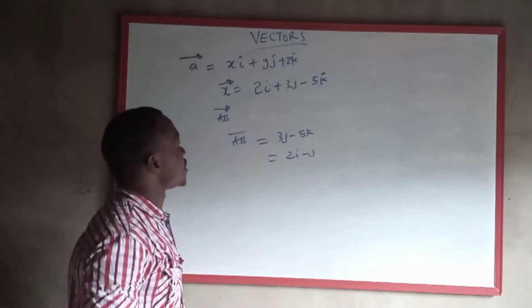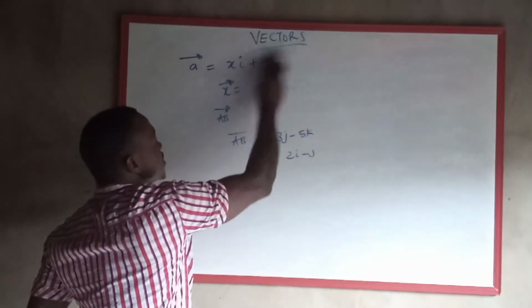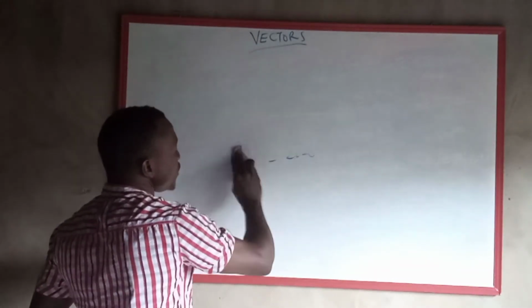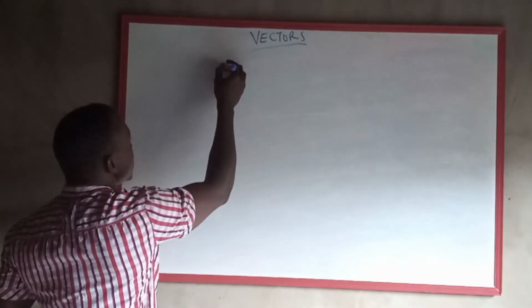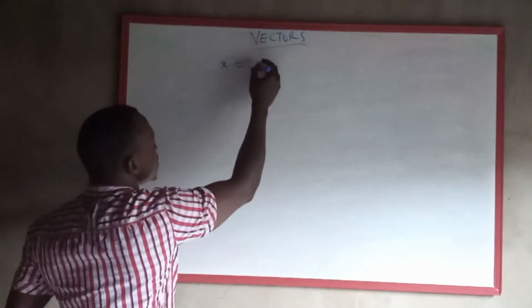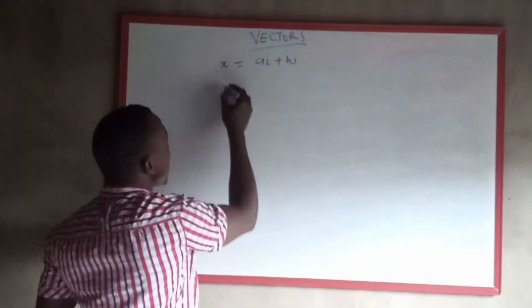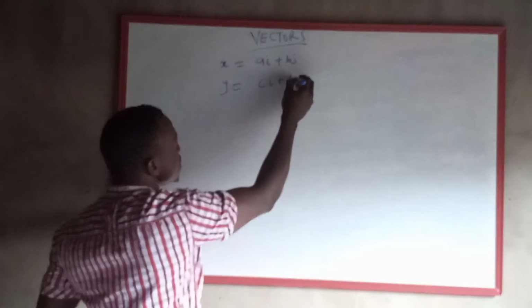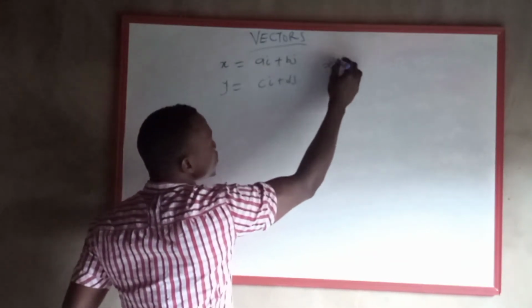So somebody will be asking, how do we add and subtract vectors? It is very easy. Now, for instance, we have a vector x equal to ai plus bj, and a vector y equal to ci plus dj, and we're asked to find x plus y.